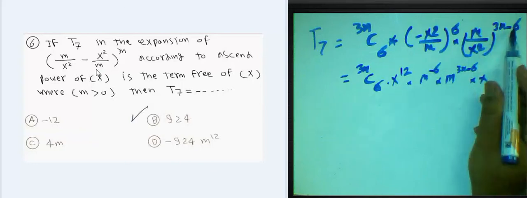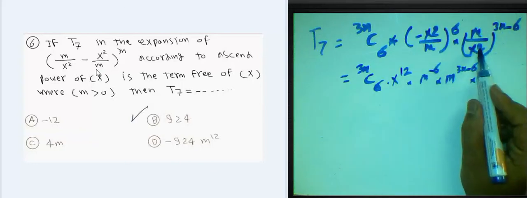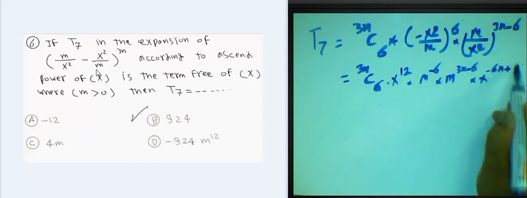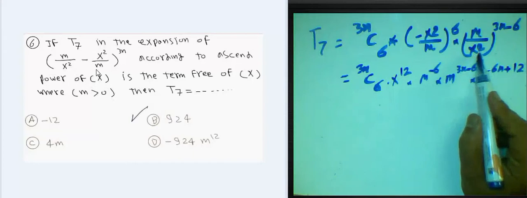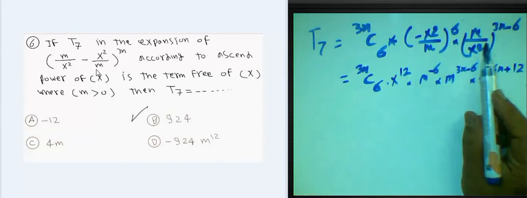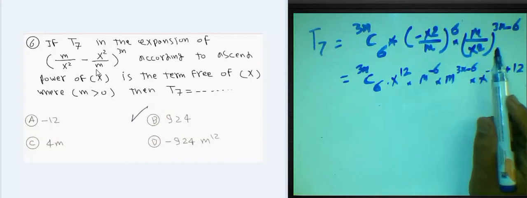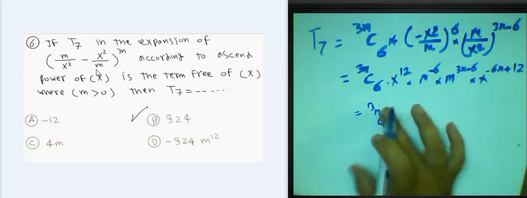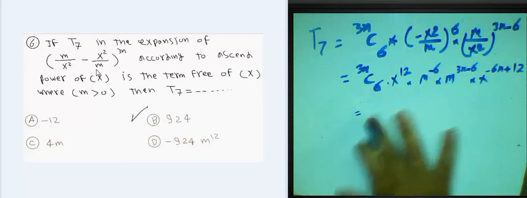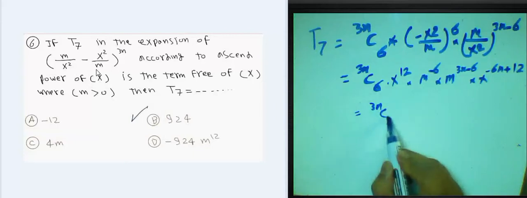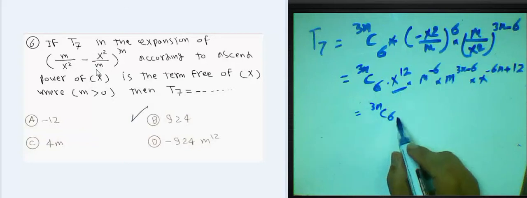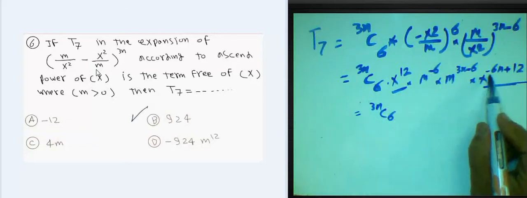It will be positive, and here negative. It will be negative 2 times 3n and negative 6 and positive 12, because when I write this number from the denominator in the numerator, I change the sign of the power. Then we can write 3n combination 6, x power 12, and we have x power negative 6n plus 12.